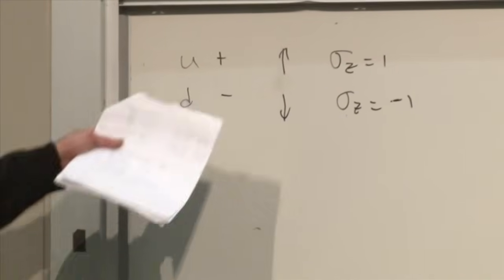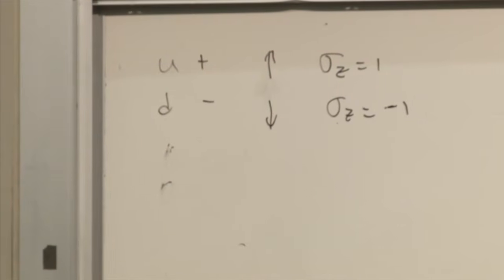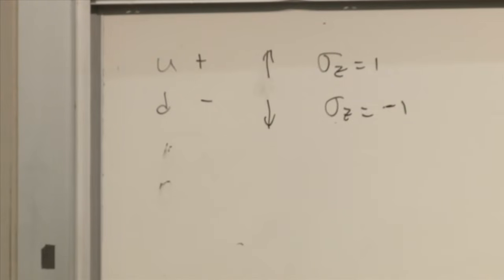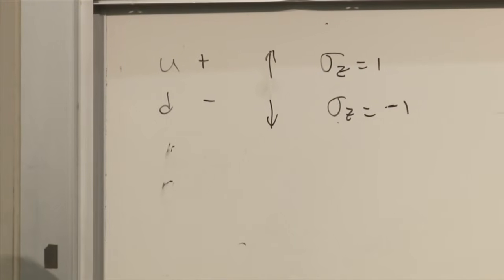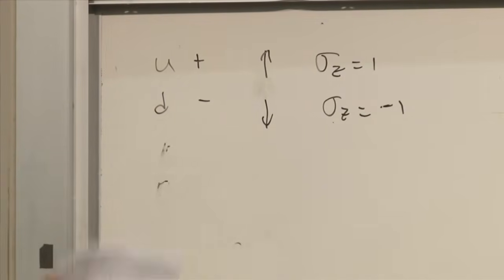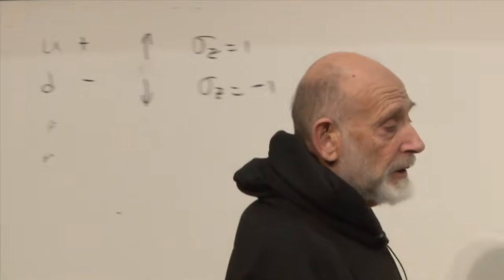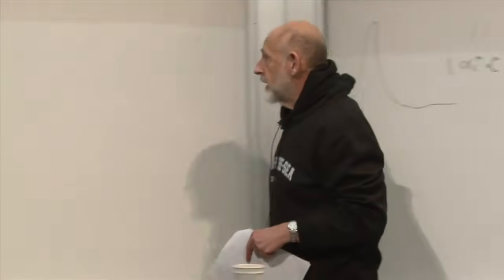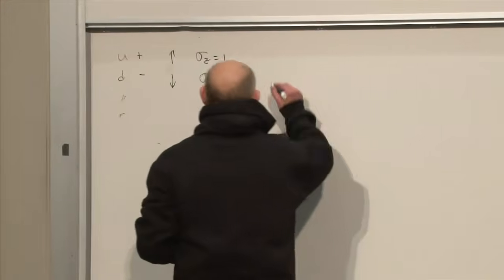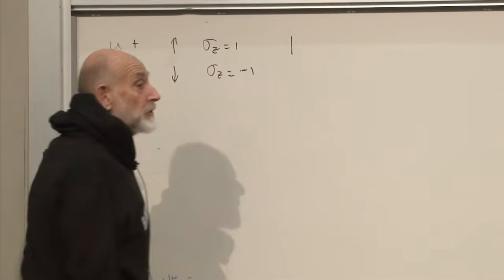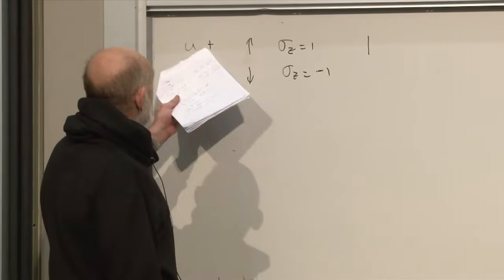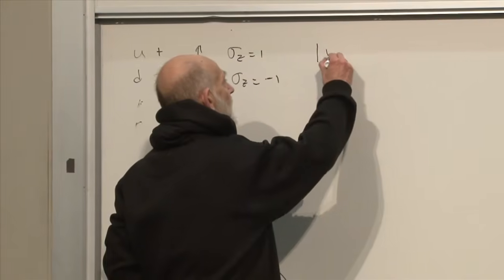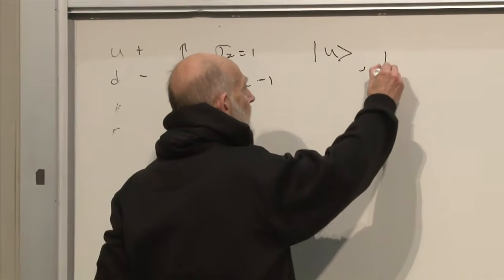So there are two states that we know about that we can prepare by turning our apparatus upward along the z-axis. Let's give them names. These states are vectors in a vector space according to hypothesis, and they can be called, let's say, up and down.